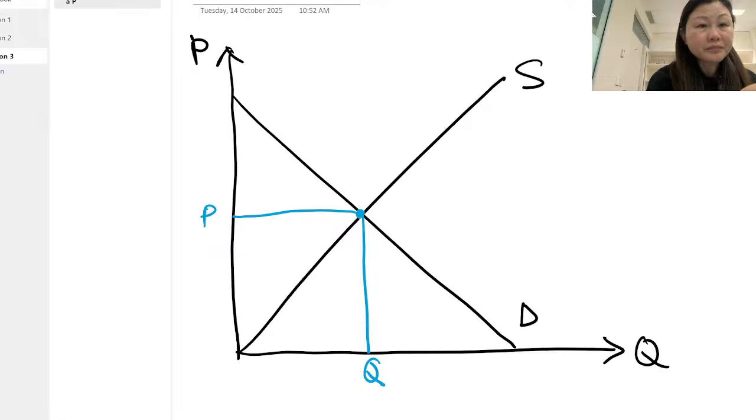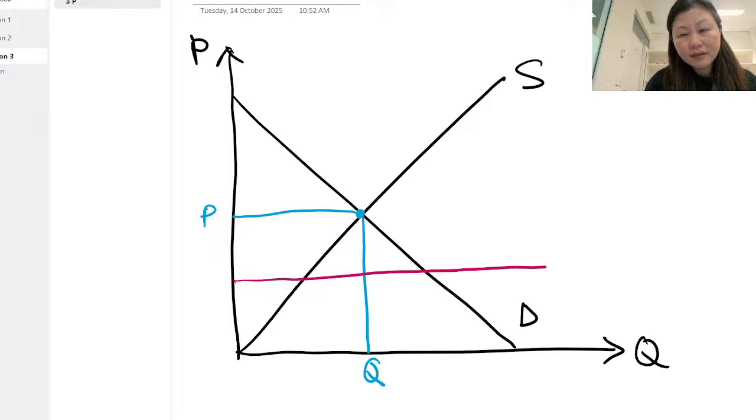Okay? So we're going to put price here. So this is your price ceiling. Okay? At this price, we find our point on our supply curve and we find our point on our demand curve.